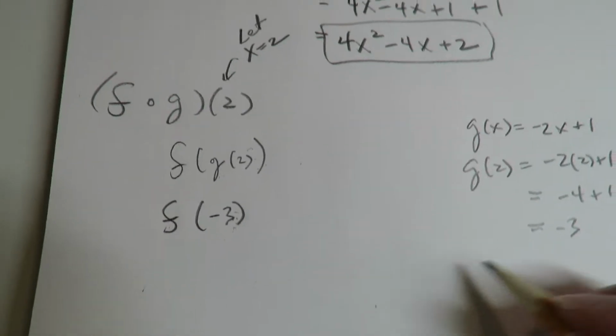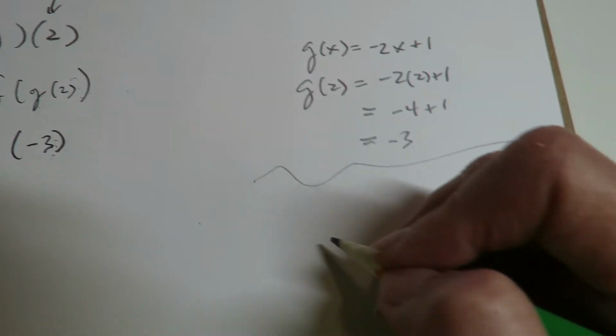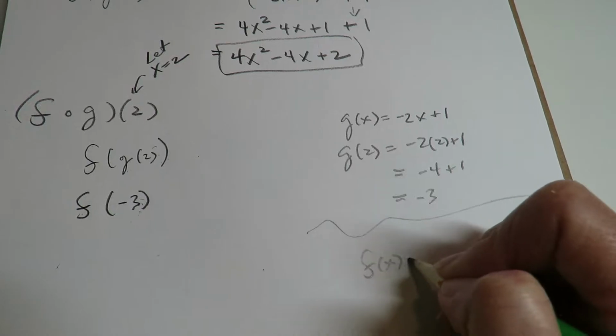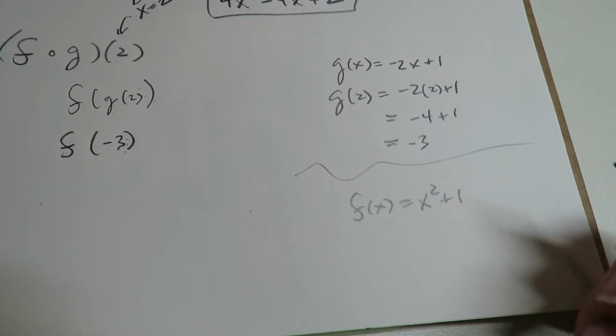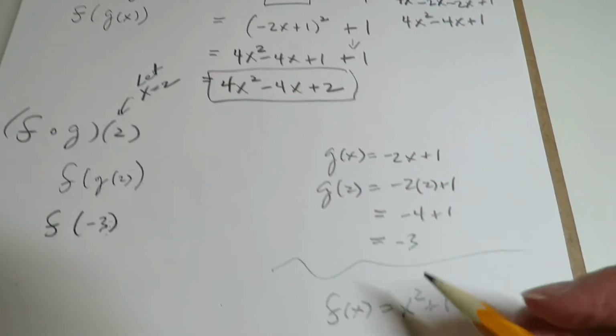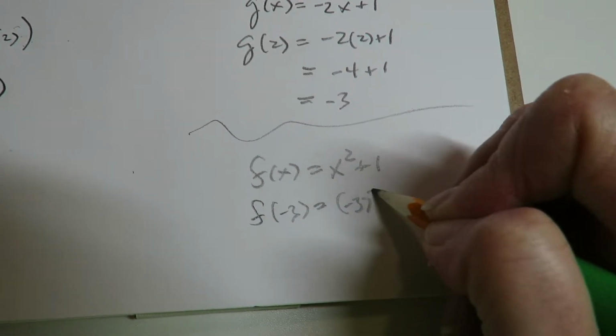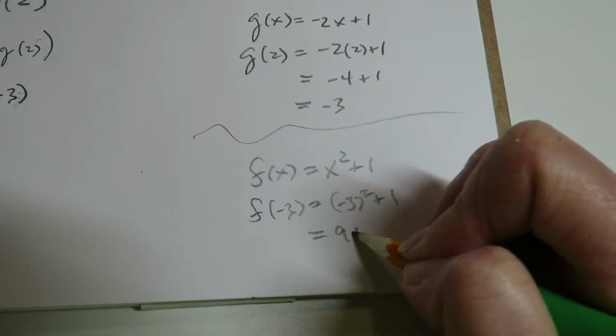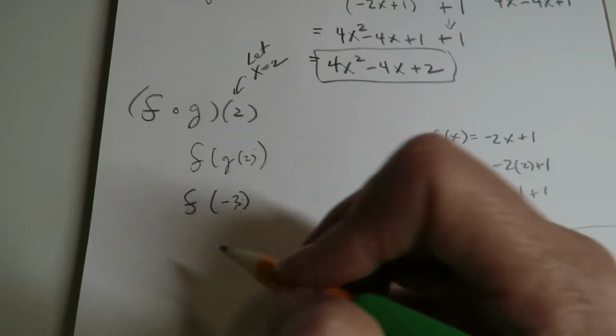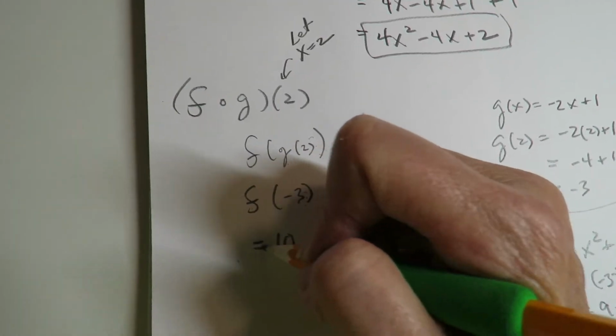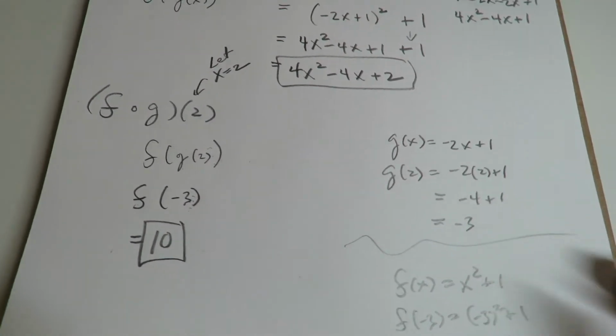So now I take the f function. f of x equals x squared plus 1. I'm just taking it from up there. And now I let x equal negative 3. I square it and I add 1. I'm going to get 10. So the final answer here is 10.